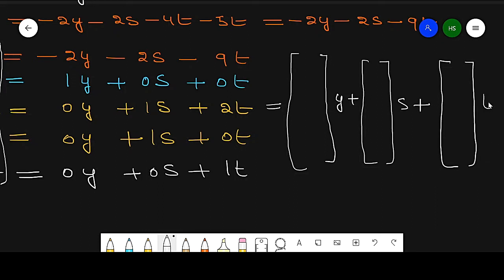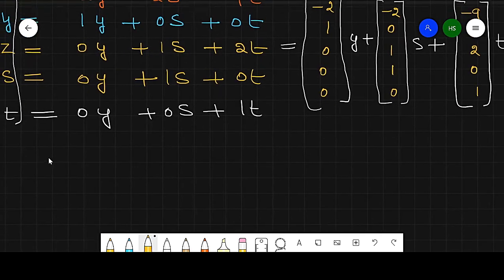So we write the vector x, y, z as a combination of three vectors. These vectors are minus 2, 1, 0, 0, 0 as the first vector; minus 2, 0, 1, 1, 0 as the second; and minus 9, 0, 2, 0, 1 as the third. So x, y, z is a combination of three vectors.